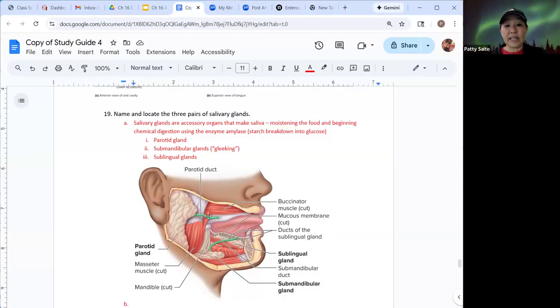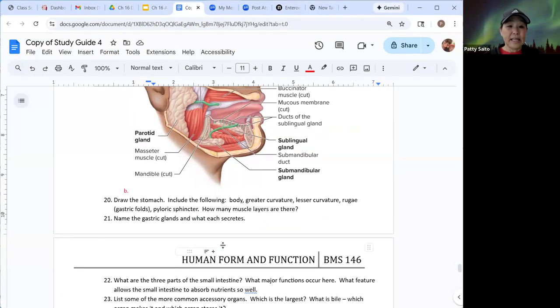And then there's the parotid duct that just takes saliva right into your mouth. And then there's the sublingual glands, lingual means tongue. So this is under the tongue. It's got a lot of little ducts that just ooze the saliva out under the tongue.